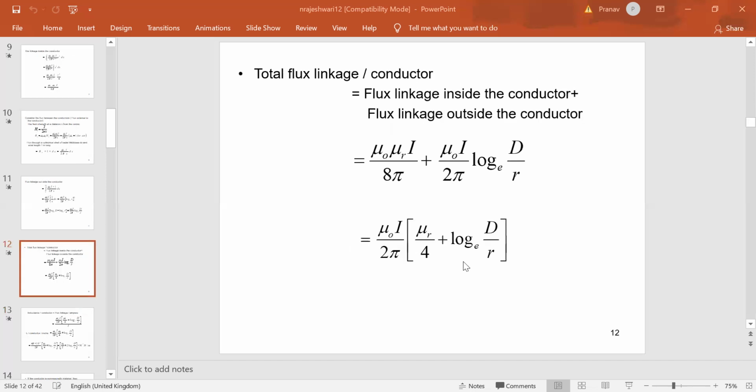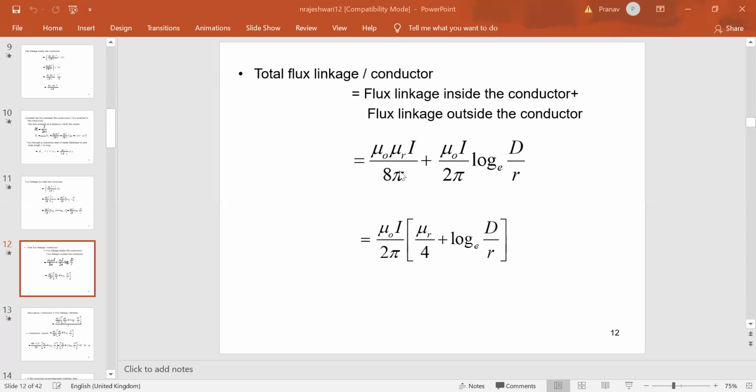So finally, we have to find the total flux linkage per conductor. The total flux linkages per conductor will be flux linkages inside the conductor plus flux linkages outside the conductor.